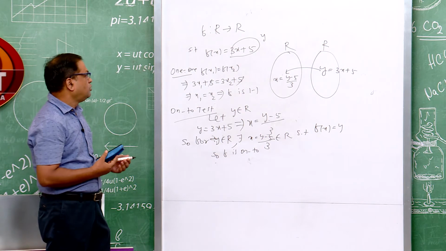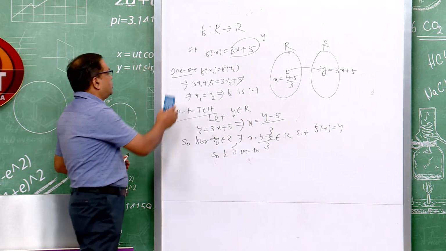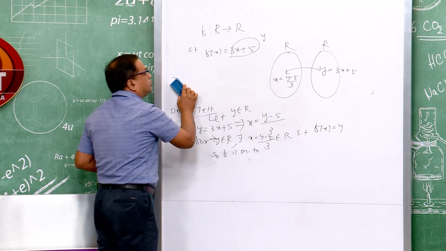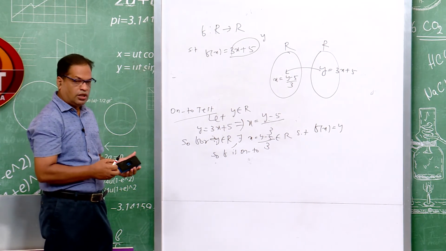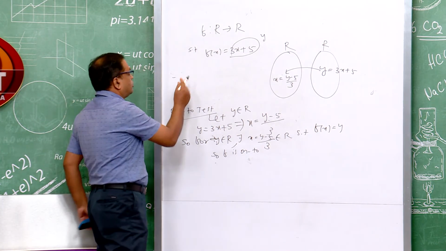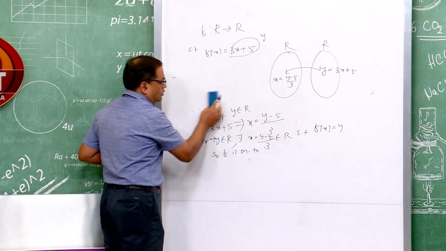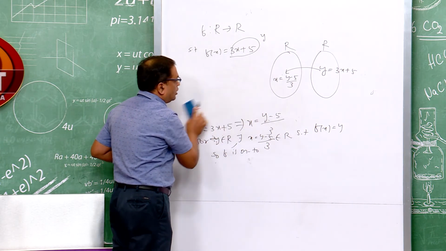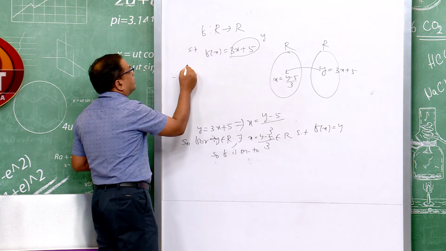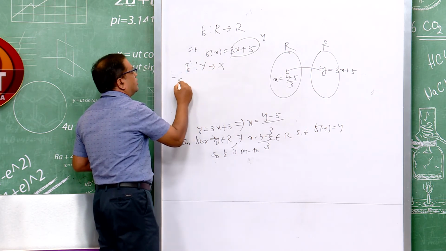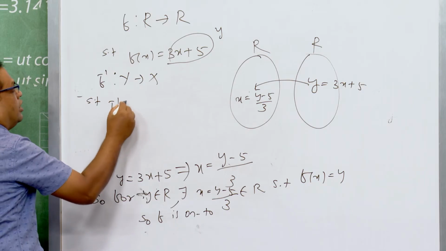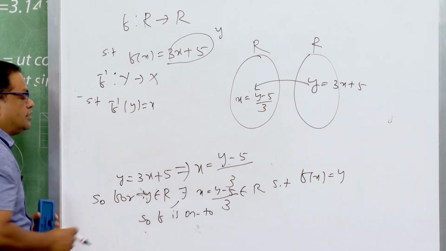Now, what is f inverse of y? What is the notation of inverse function? If f is a function from X to Y, f inverse is a function from Y to X such that f inverse of y is equal to x.